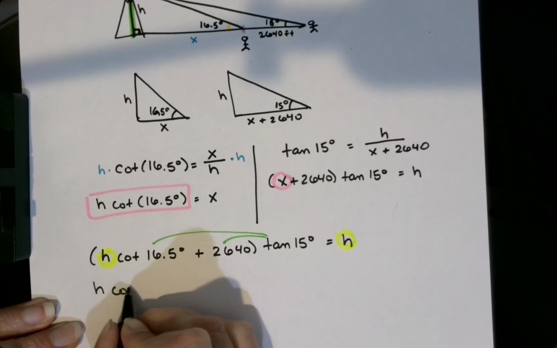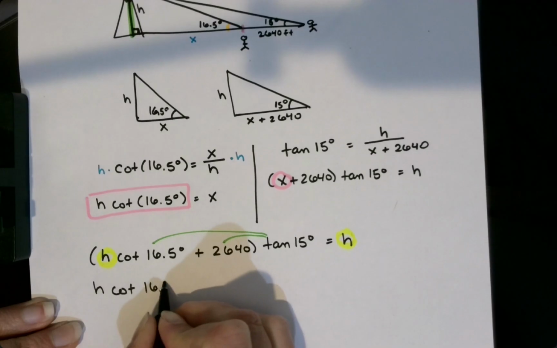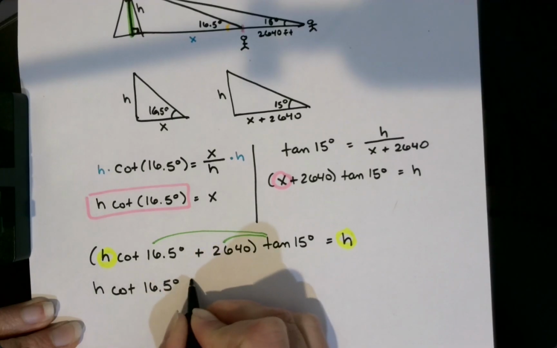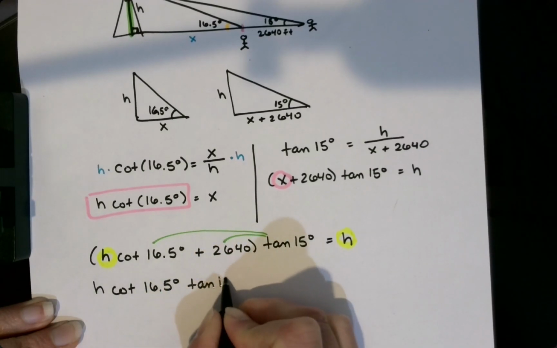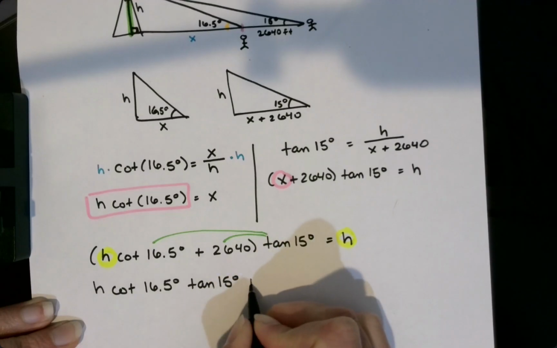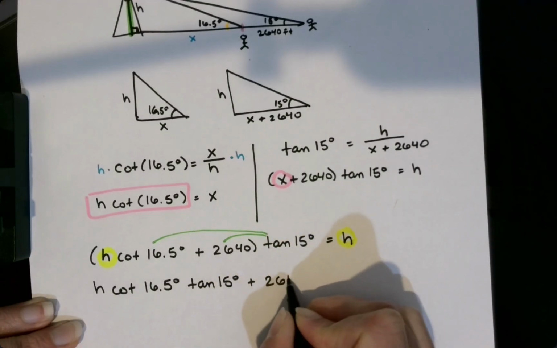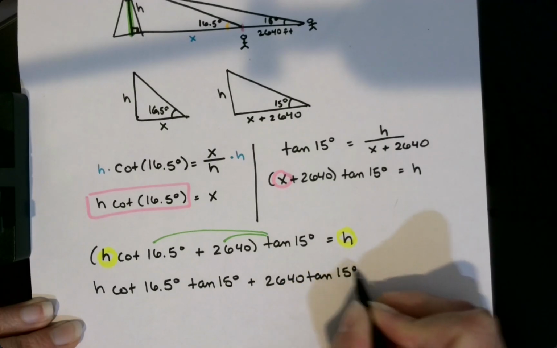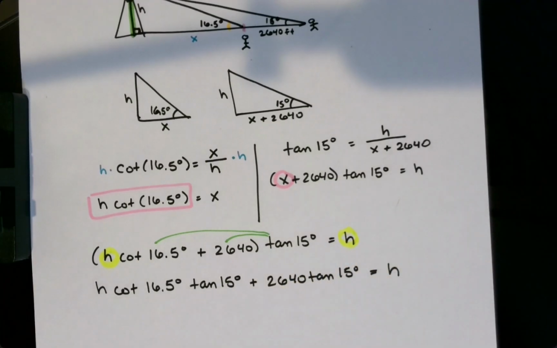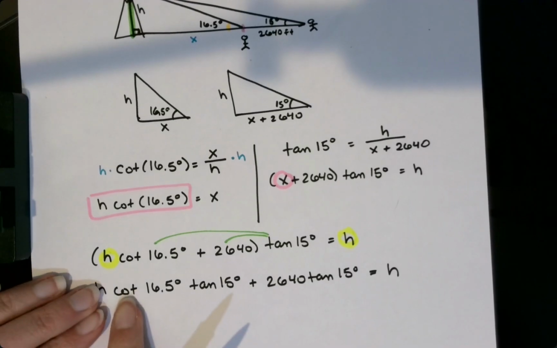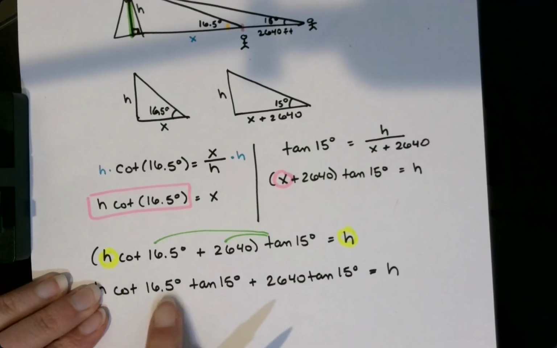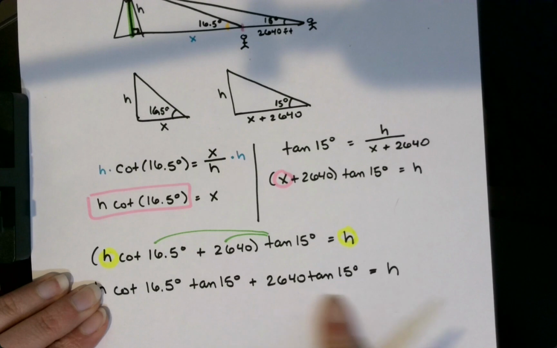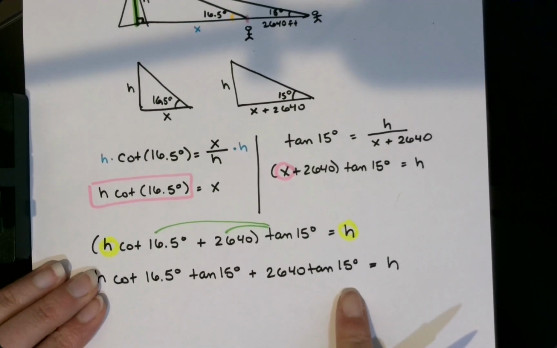So h times the cotangent of 16.5 degrees times the tangent of 15 degrees plus 2640 times the tangent of 15 degrees is equal to h. Now you absolutely could take the cotangent of 16.5 degrees times the tangent of 15 degrees and all of this and make them decimal numbers if that's more comfortable.